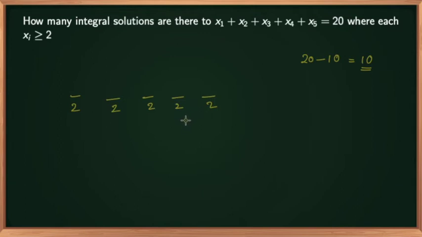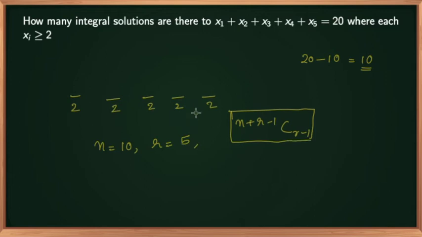similar to the empty or non-empty case, which means your n value is now 10, r value is now 5, and the problem solution is given by always n plus r minus 1 C r minus 1. This formula you can use always. Only thing is you need to consider the initial condition.